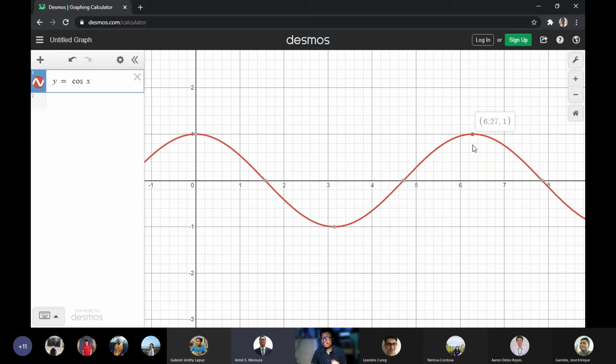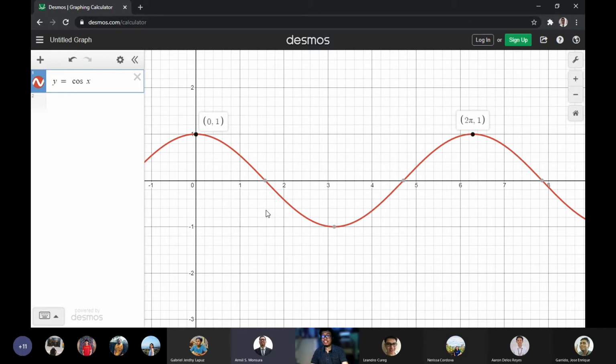And the value of x when that repeats is at x equals 6.27. Pero actually that's 2 pi. Ayan, 2 pi siya.